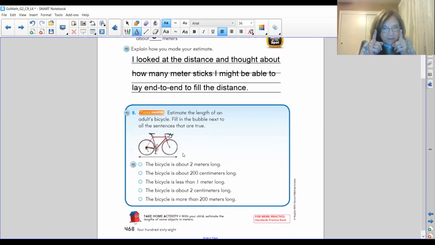It may only look like it's 5 centimeters or 6 or 7. But a real bicycle is not the size of the bicycle on our paper. A real bicycle, you've got to be able to fit an adult on, and the adult has to be able to pedal and ride.